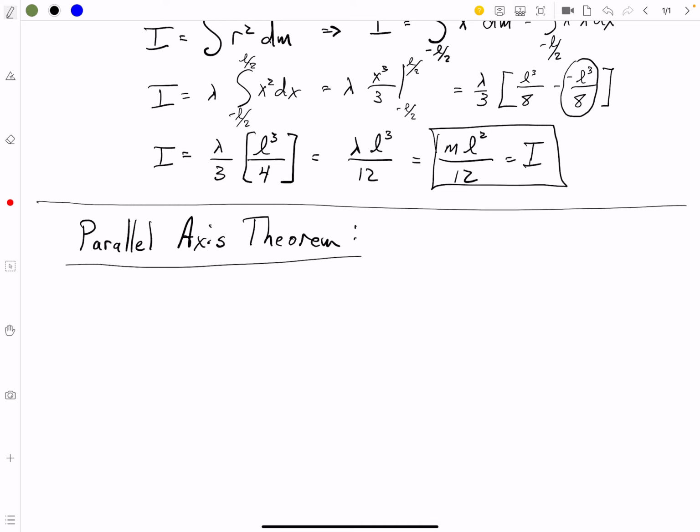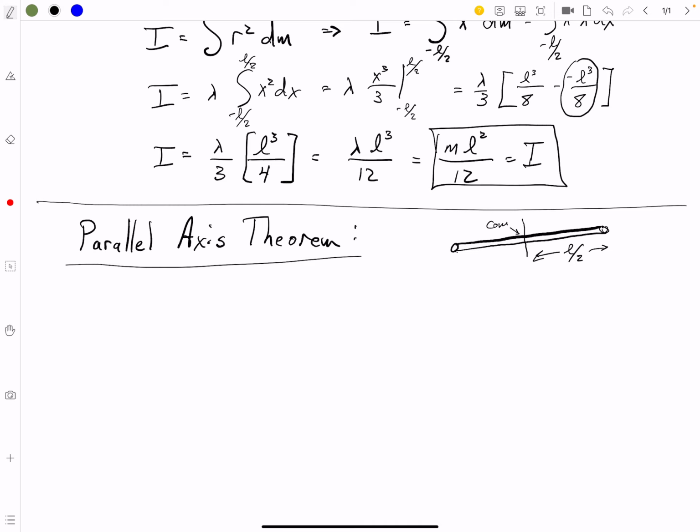Okay, let's go back to our thin rod. I don't know why that line got so thick at the end there, but there's our thin rod, length L. We're going to have an axis down the middle of it. So we've got L over 2 on each side. And of course, that's where the center of mass is, right in there.